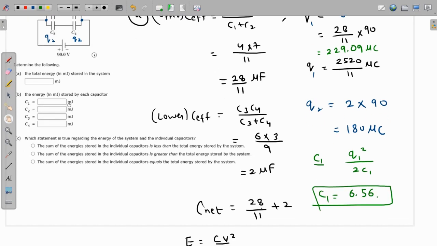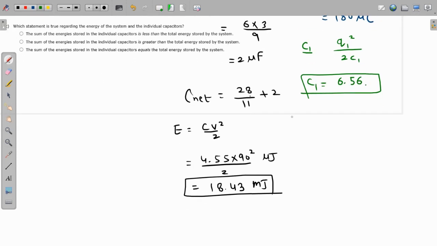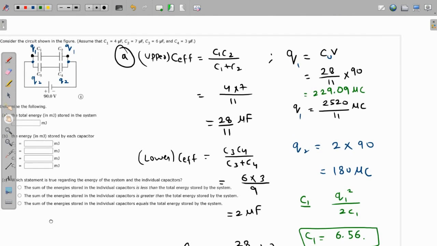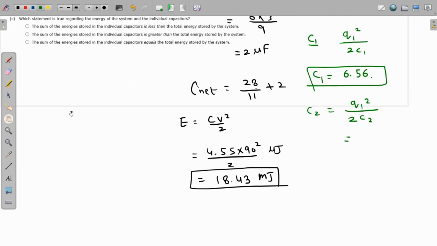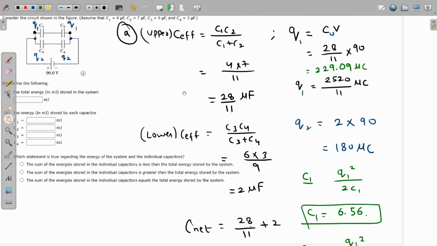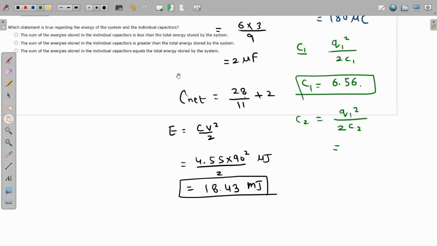Likewise, I'm going to keep substituting the numbers. C2 is going to be Q1 square over 2 times C2, and the value of C2 is 7. So this value will be coming as 3.75 for C2. For C3, that's going to be Q2 square over 2 times C3.